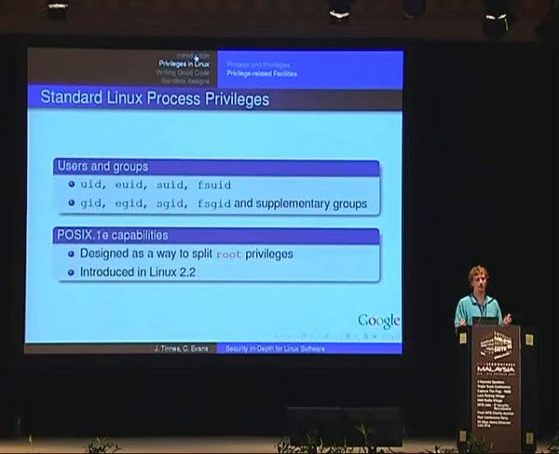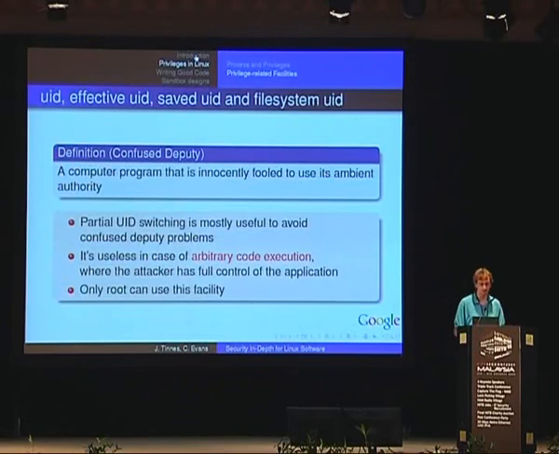So in Linux, we have a few privilege-related facilities. Of course, the best known one is users and groups. You have many user IDs: a real UID, then an effective UID, a saved UID, and a file system UID. The same for GIDs. And since Linux 2.2, you also have POSIX capabilities, which have been designed as a way to split root privileges into many different privileges.